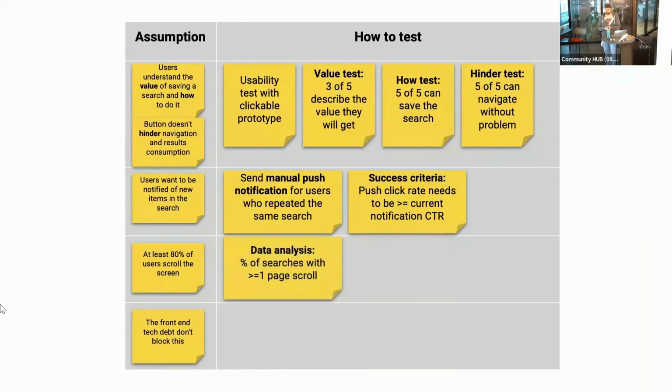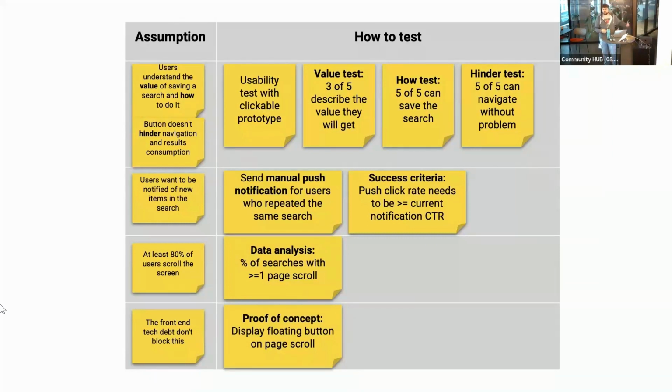This was data analysis, just looking at the percentage of searches that have 1 or more page scrolls. And the front-end tech stack won't block us. So we just did a proof of concept, offline, like let's just place the button there that appears and disappears and see if that is easy enough.